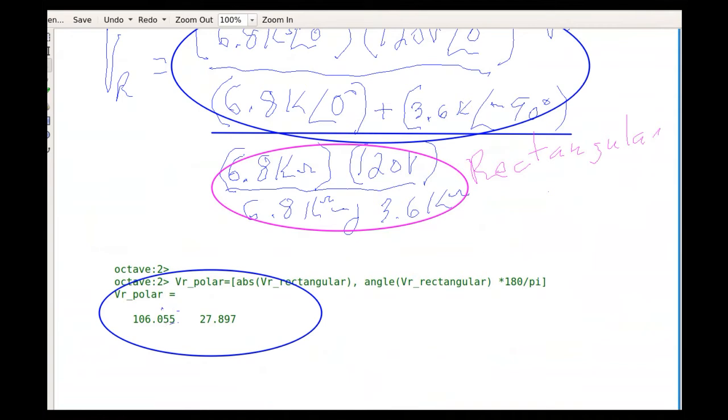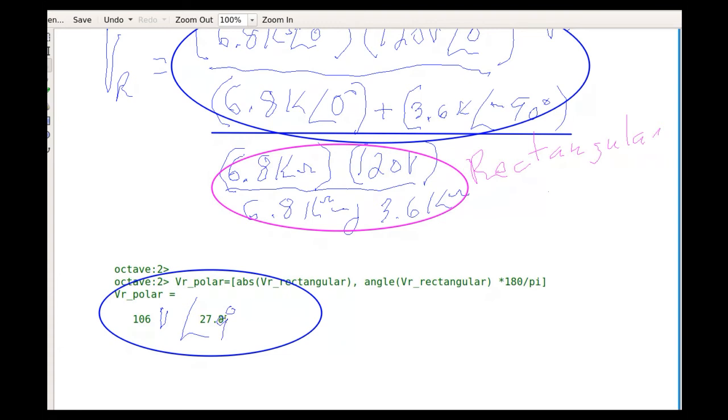All right, so this is going to be 106 volts at an angle of 27.9 degrees. That's supposed to be a 9 there. It looks like I lost half of it. This is a 9. 27.9 degrees. So, yeah, that is the answer.